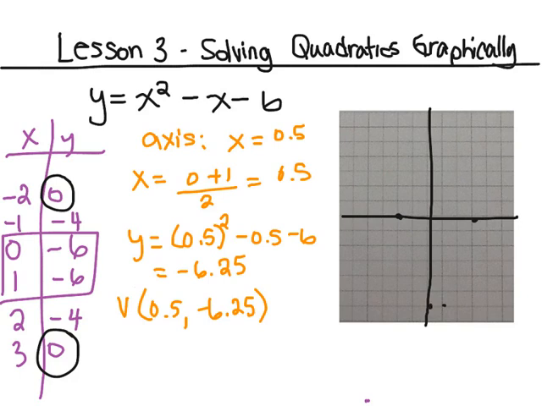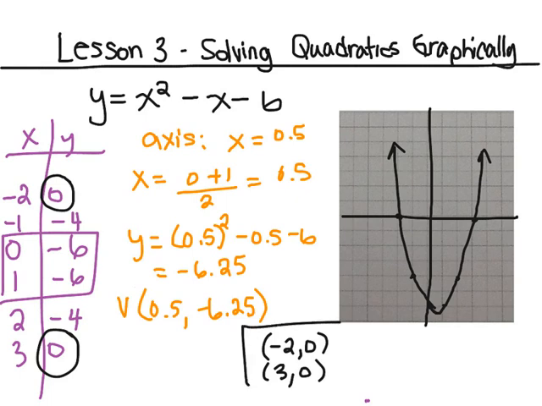So there and there, negative 4, and here's our graph. So our solutions are our x-intercepts. So our x-intercepts are negative 2 and 0 and 3 and 0. So that's how you find your x-intercepts from the graph.